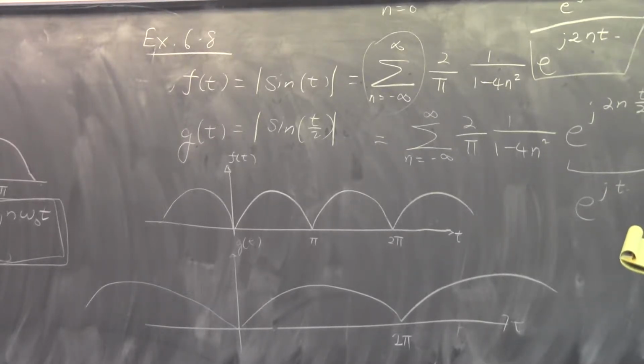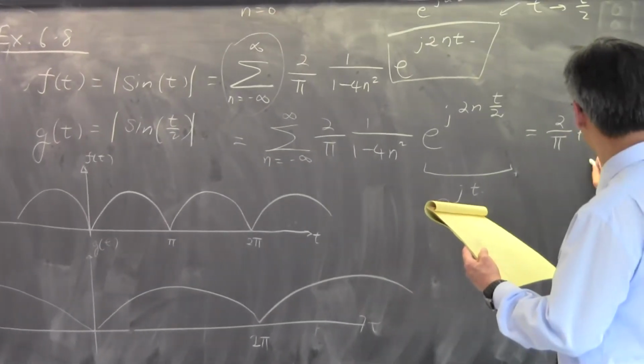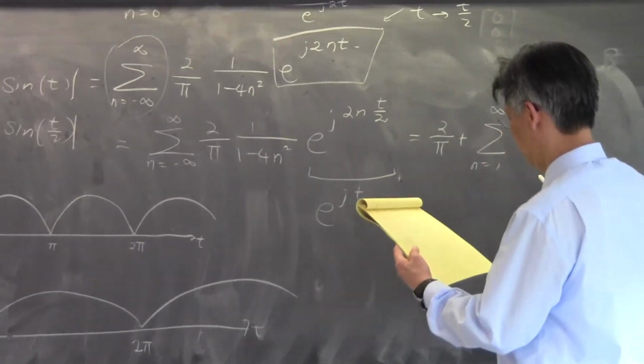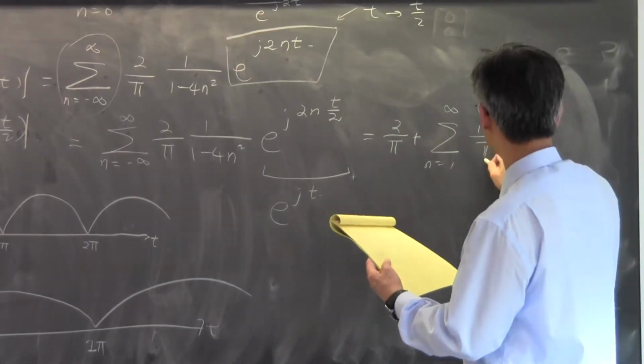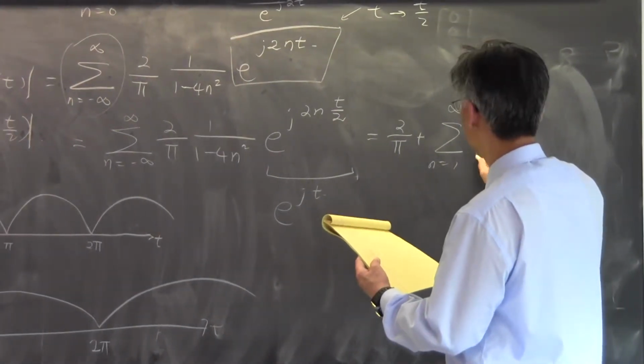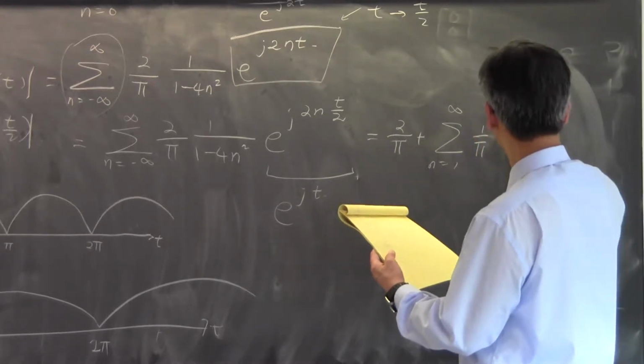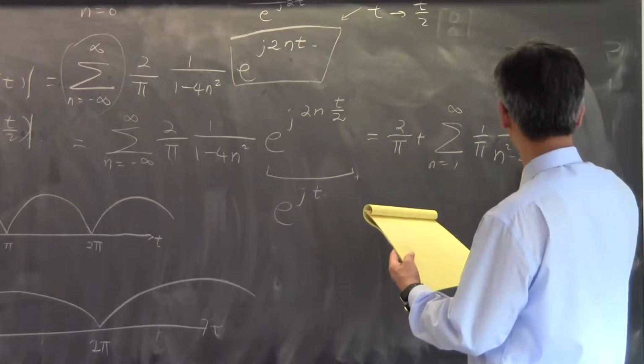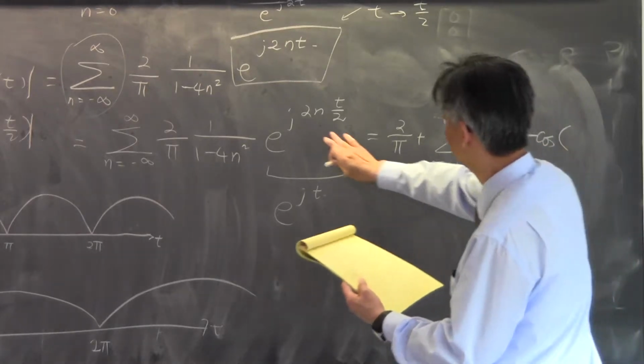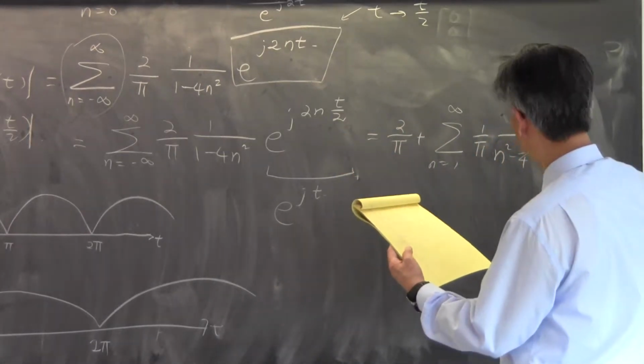Okay? And you can work on the compact form. I don't know if you want me to work on the compact form. It's pretty straightforward. The compact form is like the DC term, which is 2 over pi, like before. And then you have the rest of the term, which is written according to the textbook, 1 over n squared minus 1/4 cosine of half the frequency.